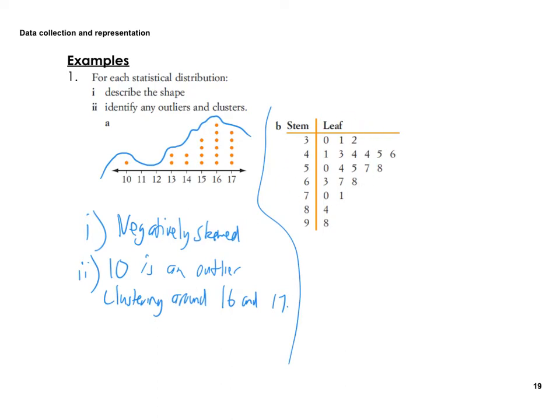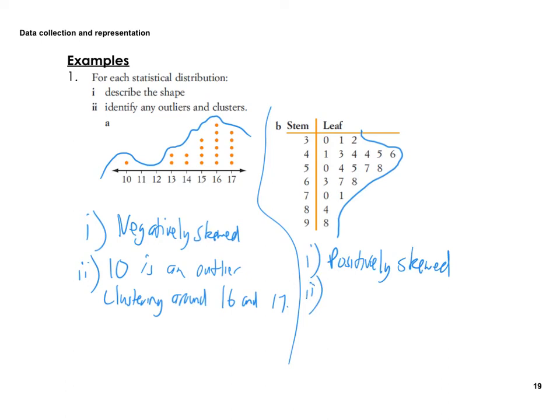So pause the video and have a go. Okay, so let's just draw a little curve on top. So like this. Now, is the bump towards the left or the right? This time it's on the left, so it's going to be positively skewed. So part 1, positively skewed. Part 2, clustering.